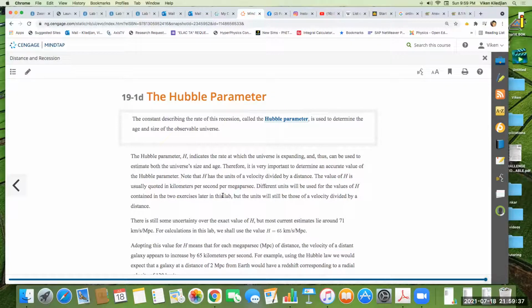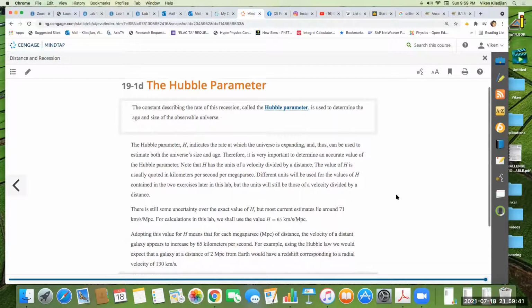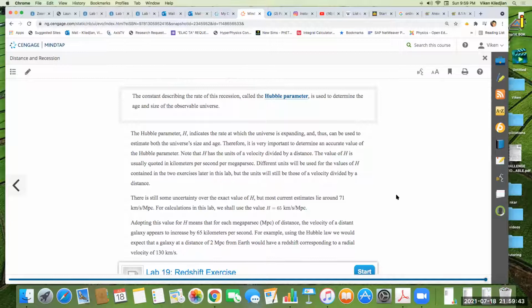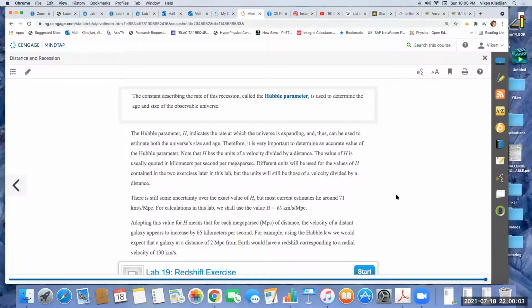There is still some uncertainty over the exact value of h, but most current estimates lie around 71 kilometers per second per megaparsec. For calculations in this lab, we shall use the value h equals 65. So we've seen that before in a couple labs where we needed to use the h value. And I guess for these labs, they're using h is 65 as the default value.